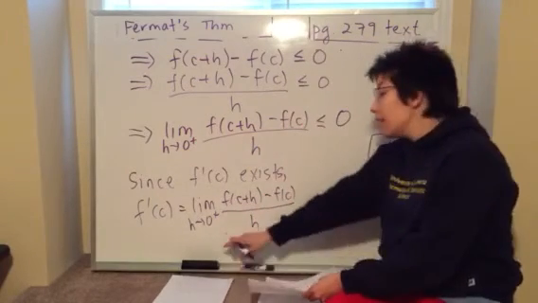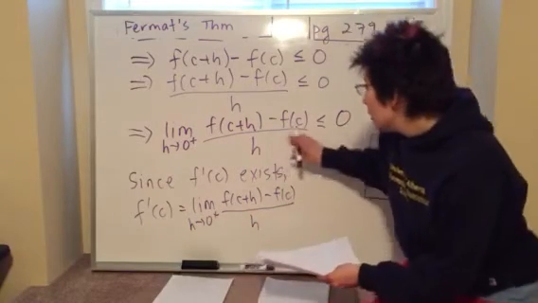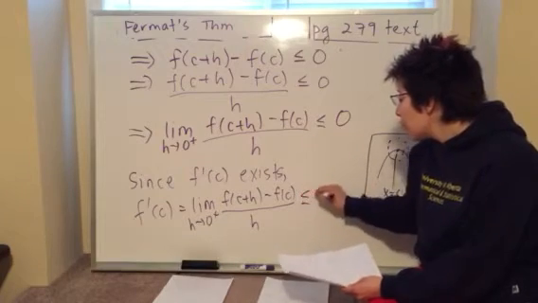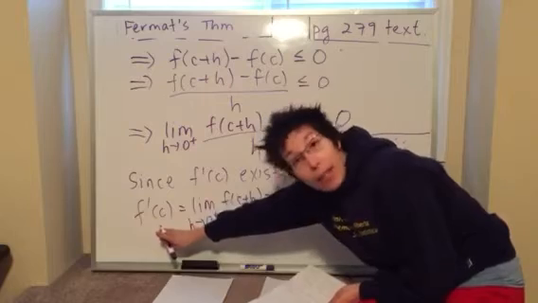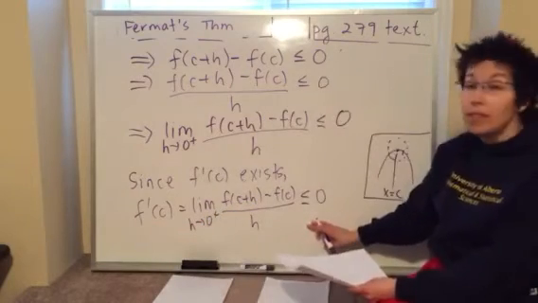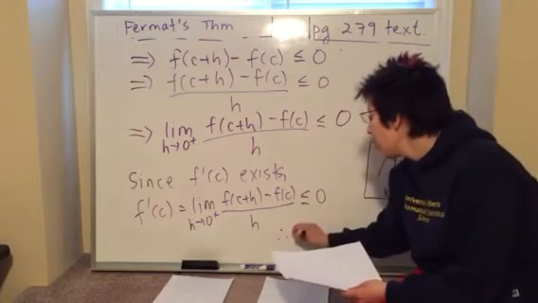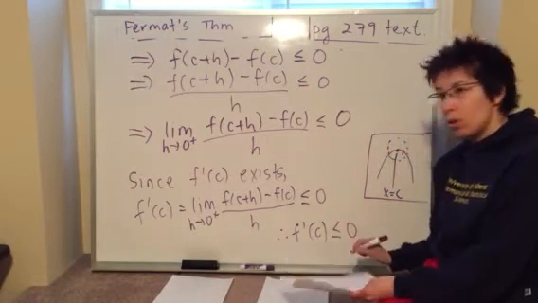I get that it is equal to the limit as h approaches 0 regardless, but we just need to use this fact, right? So this is less than or equal to 0, which when you link these together gives you that f prime at c is less than or equal to 0. So I'll say therefore f prime at c is less than or equal to 0.